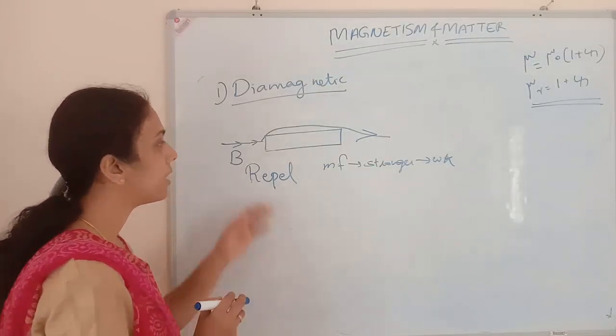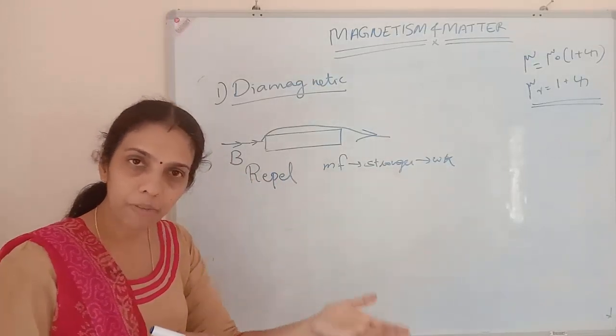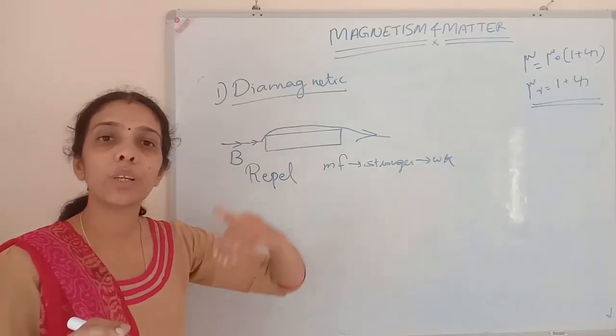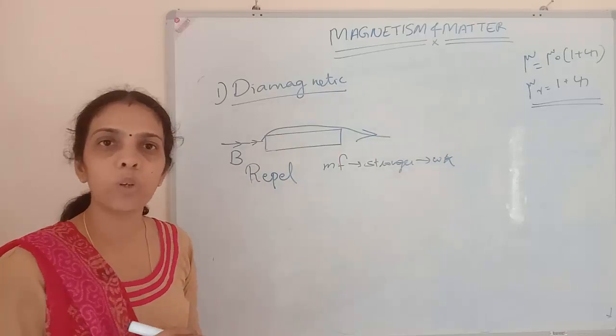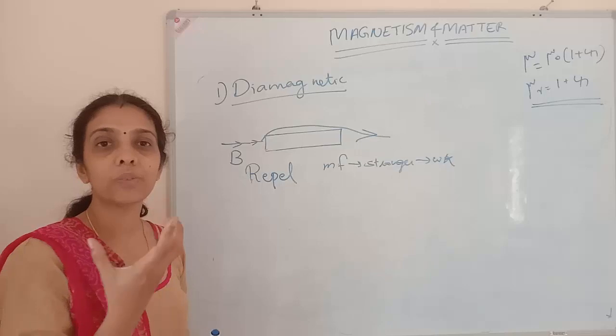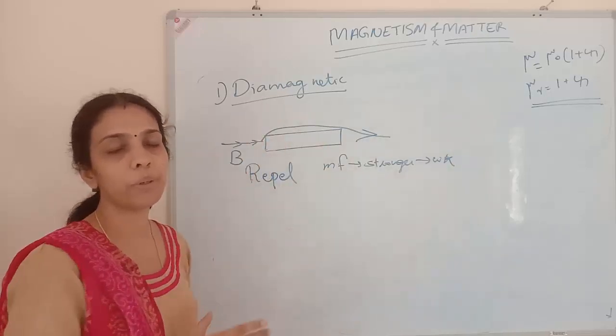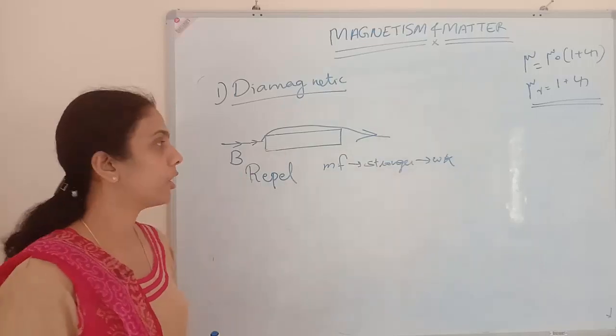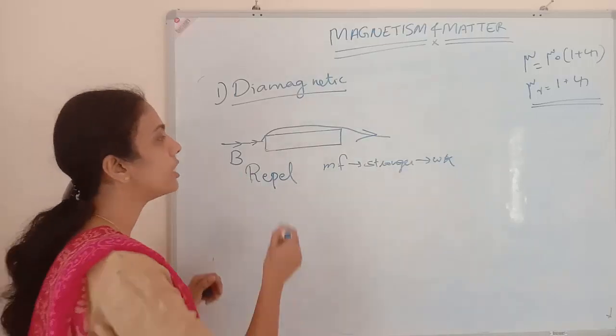Clear? If we give an external field, it will repel, which means it will move towards the weaker part of the material, where the magnetic property is weaker. It will move from the stronger to the weaker part of the material, so it will move out.